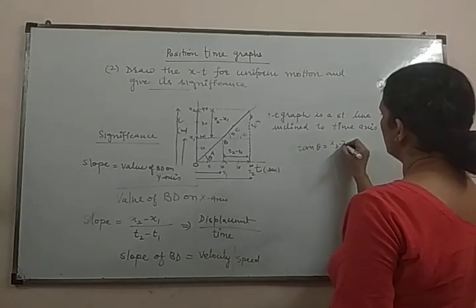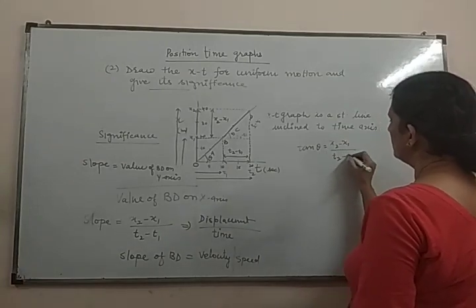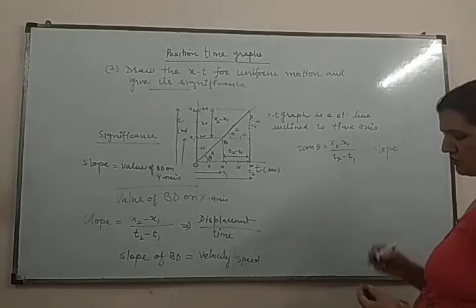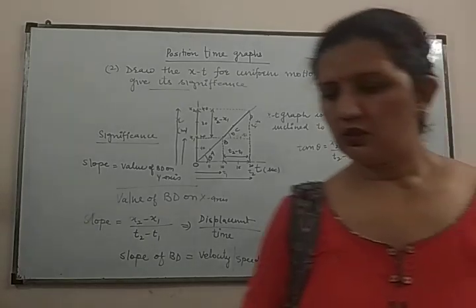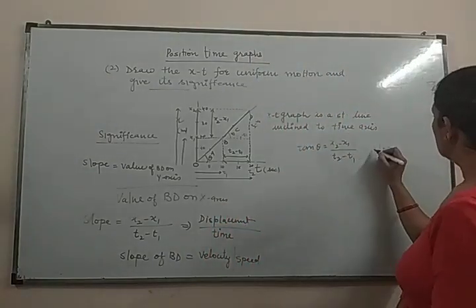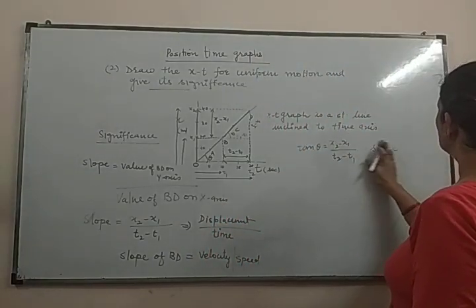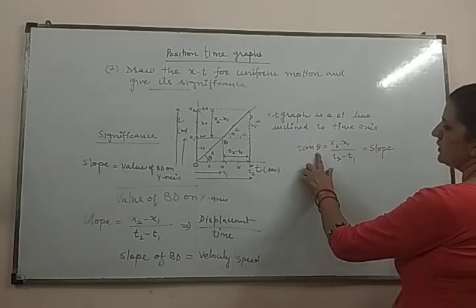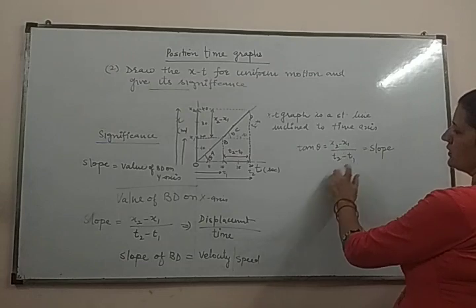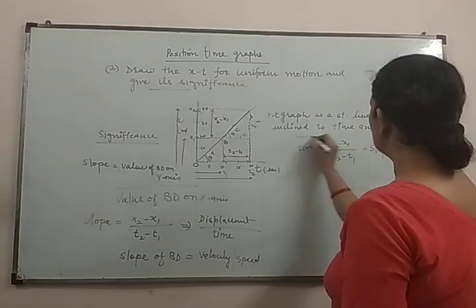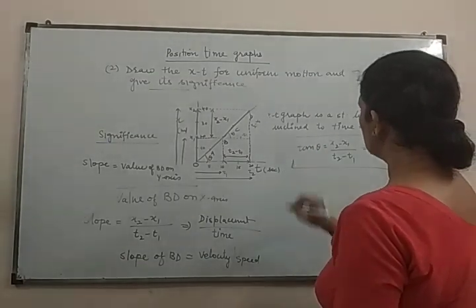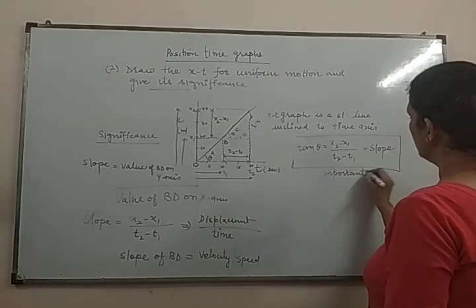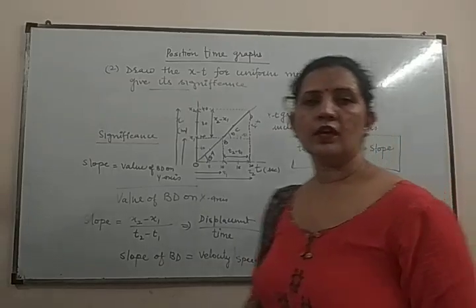This is x2 minus x1 divided by T2 minus T1, and this is also equal to slope. So we have the formula: slope is equal to tangent theta is equal to x2 minus x1 divided by T2 minus T1. So you have to learn this formula. This is the important result for the significance of xt graph.